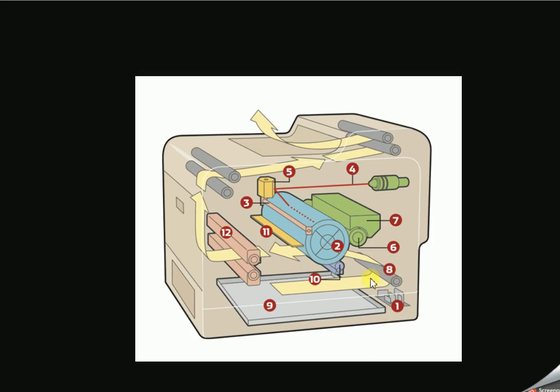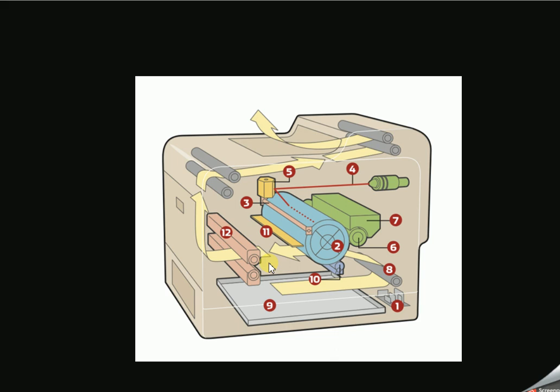At the same time as all of this, this belt, number 8, will start sucking in the paper from the paper tray, number 9. The paper will then go under the drum, where the drum with its reverse picture will print the image, loosely.